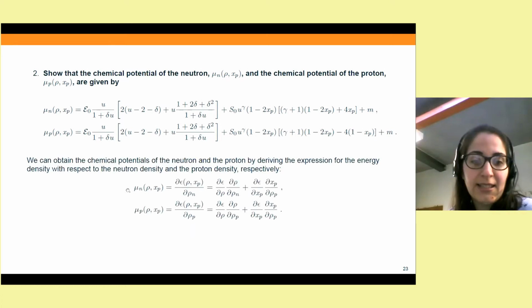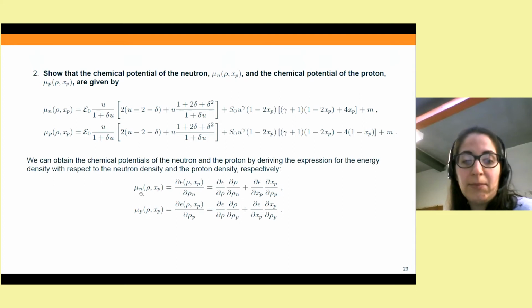Exactly. The corresponding chemical potential is just obtained by deriving the energy density by the corresponding density. So if we want the chemical potential of the neutron, we derive with respect to the neutron density.